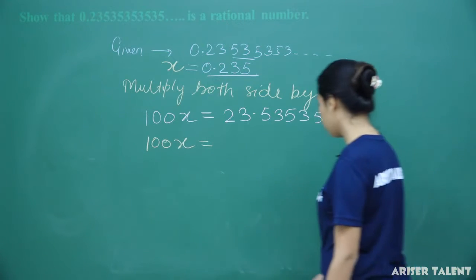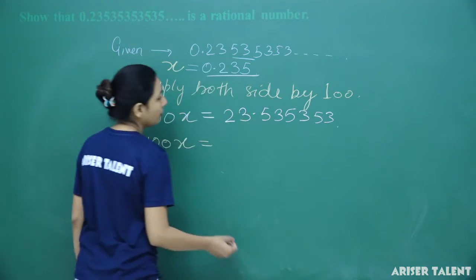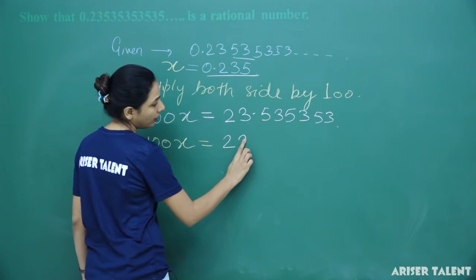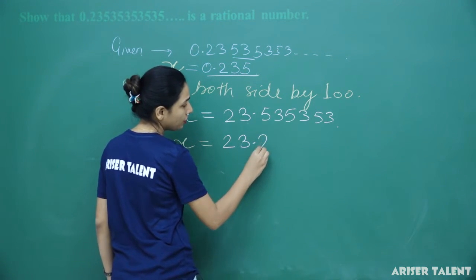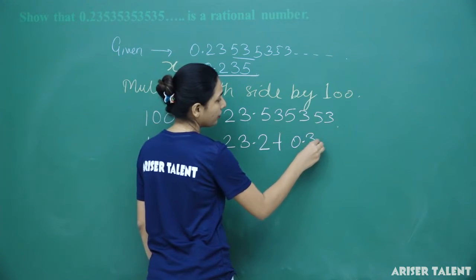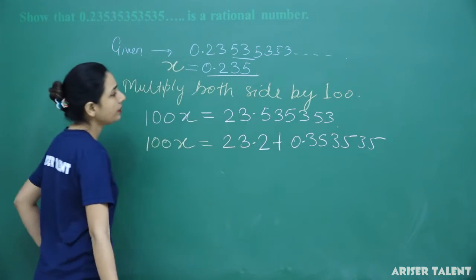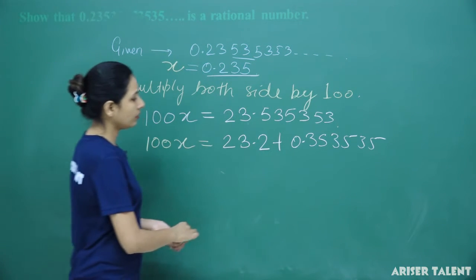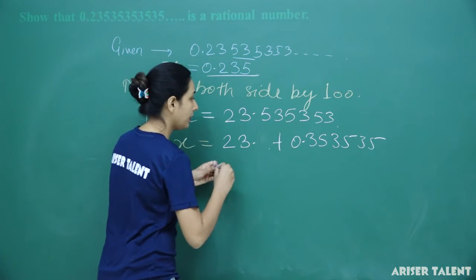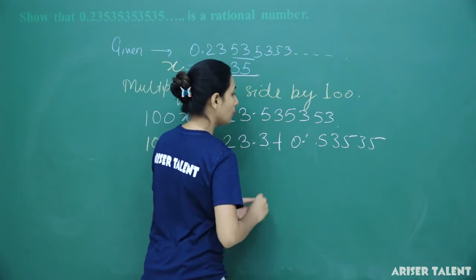Okay, so we will further divide it like 23.2 plus 0.353535, okay, or else what we have done here, that was 23.3 and here it was 2.